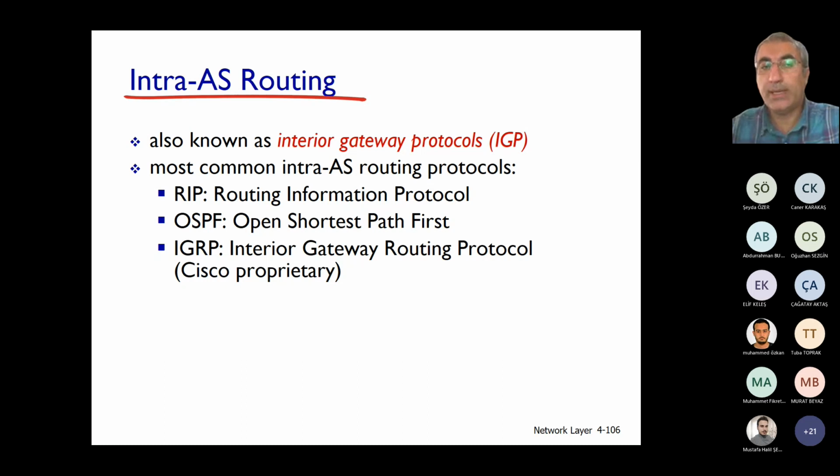This intra-AS routing within the AS is also known as interior gateway protocols, which stands for IGP. The most common intra-AS routing protocols are RIP, Routing Information Protocol, OSPF, Open Shortest Path First, and IGRP, Interior Gateway Routing Protocol, which is owned by Cisco as a proprietary solution.